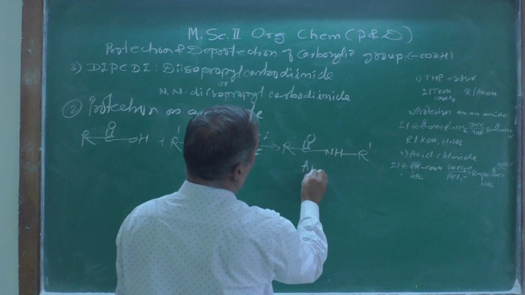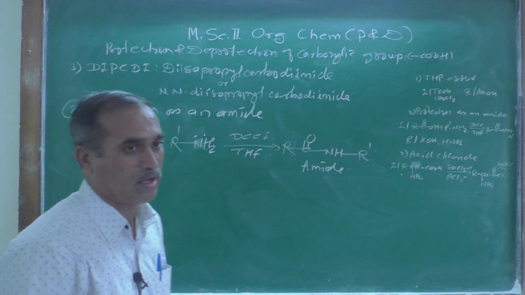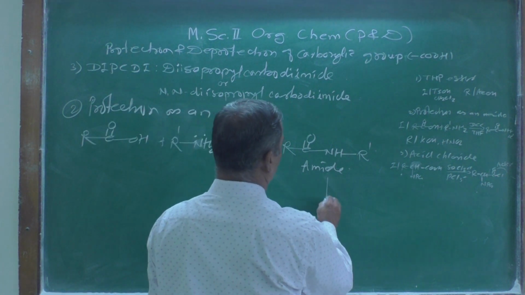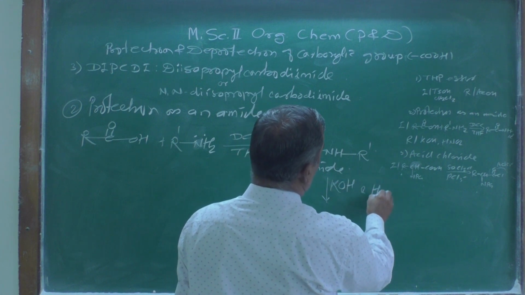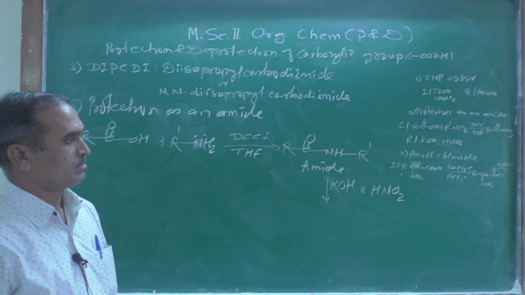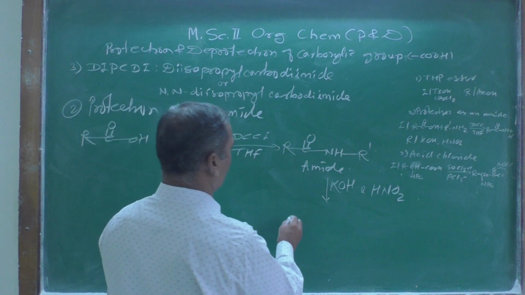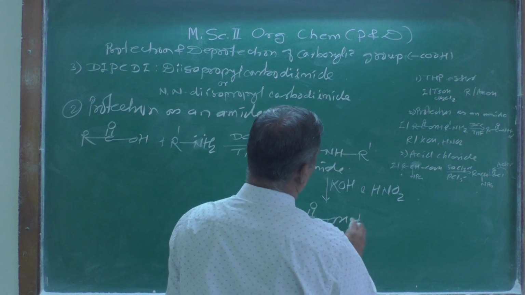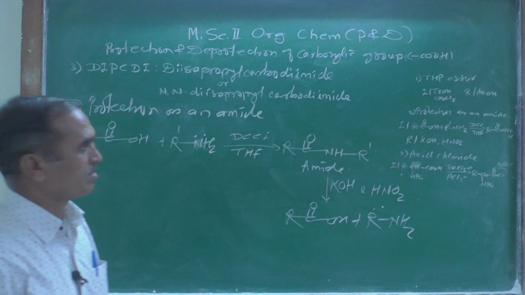This is the amide formation, and that amide can be deprotected under basic conditions, generally potassium hydroxide or nitrous acid HNO2, and we get back R C double bond O, OH plus R dash NH2, the amine regenerated.